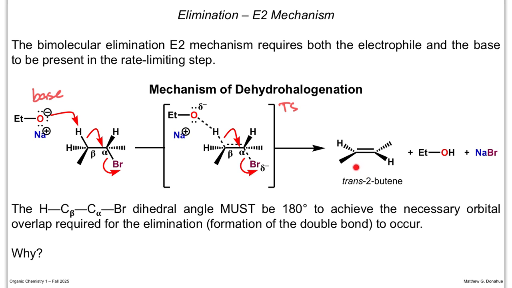And the result is our alkene, the conjugate acid of our base, and then this sodium bromide is the inorganic product. So the key thing here is from your models, identifying the alpha position, the beta position, making a Newman projection, then to see what hydrogen aligns best.